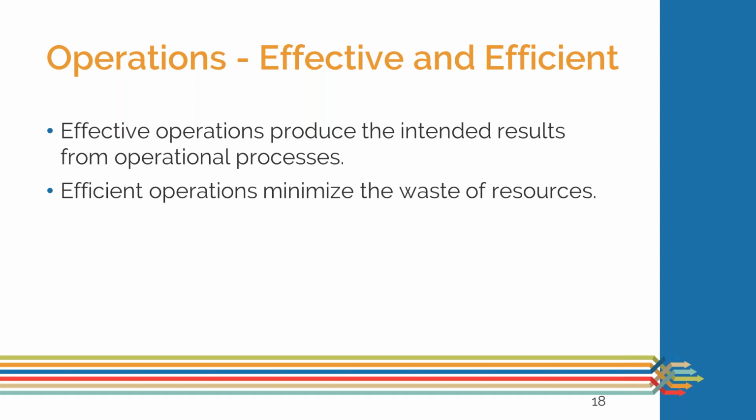So you use a redundant process, but it can still be effective even if that's a process that you use. But you do balance that with efficiency at the same time. But that's what operations does for you. You just want to make sure that you're efficient and that everything's effective.